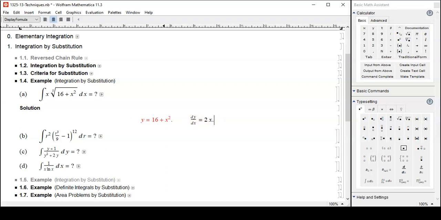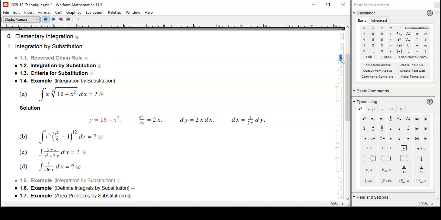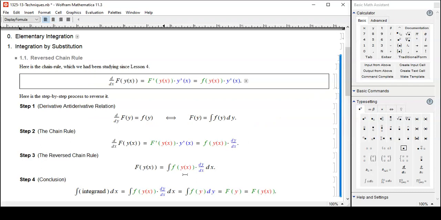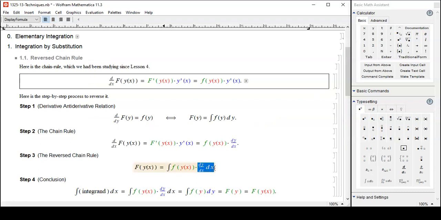No, nothing wrong here. Sorry about that. And then solve for dx. That's the standard process. What did I accomplish here? I'm looking for this.